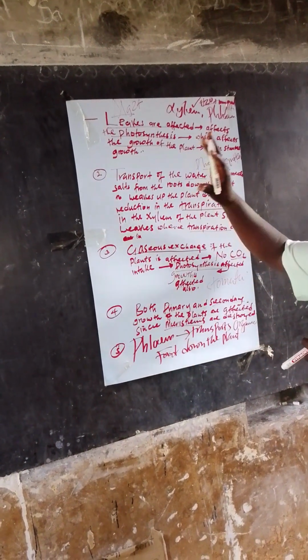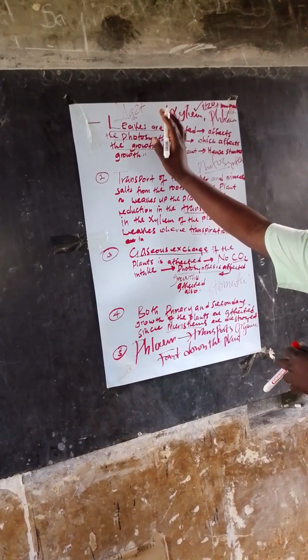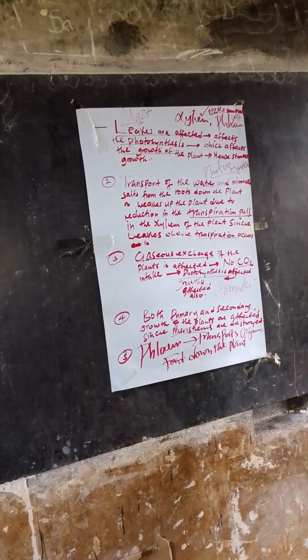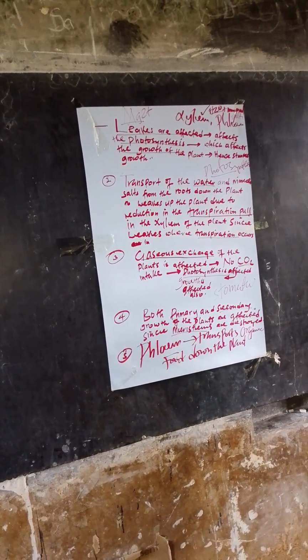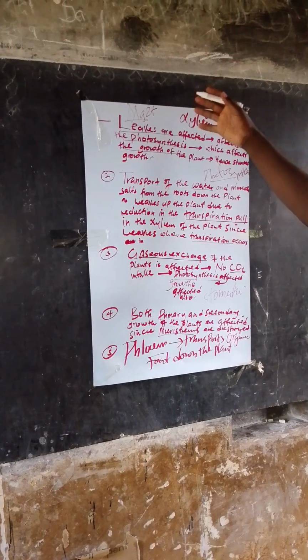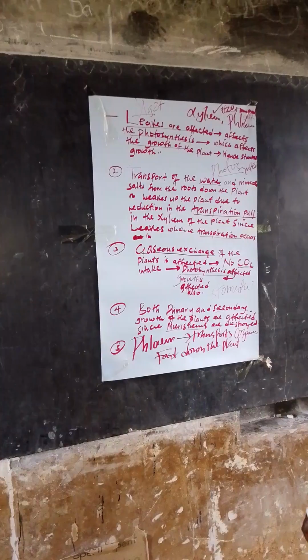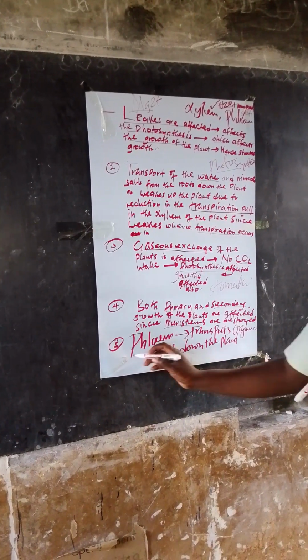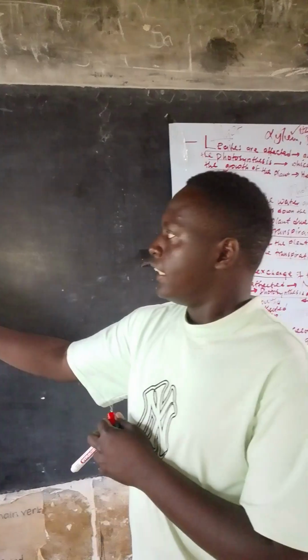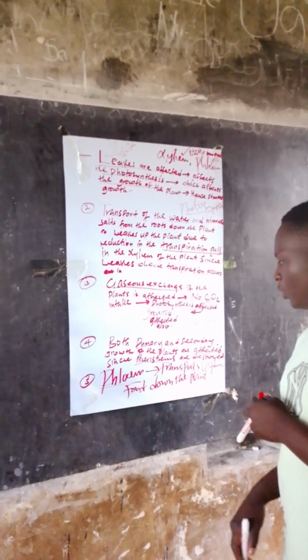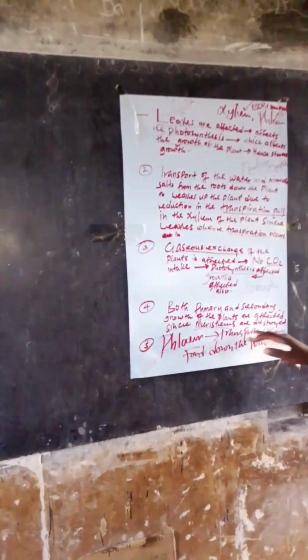After manufacturing of food by photosynthesis in leaves, phloem has to transport this food from the leaves where it is made to the roots where photosynthesis cannot occur. So if I damage the outer layer of the stems, I'm breaking the phloem vessel. If I break the phloem vessel, this transportation will not occur.